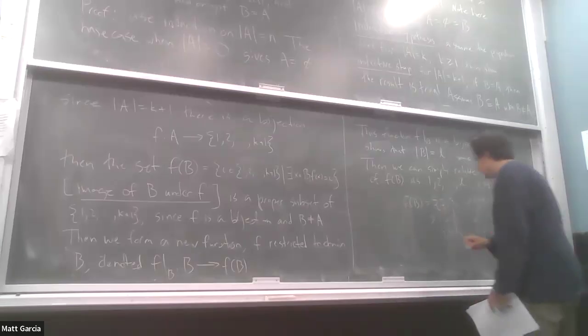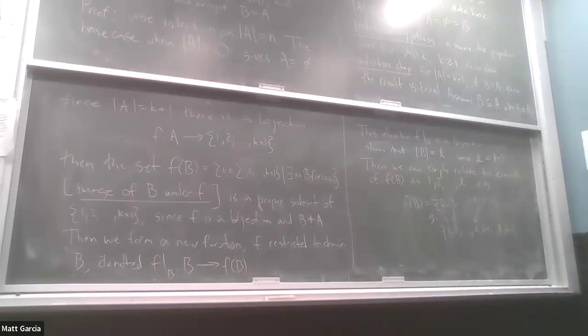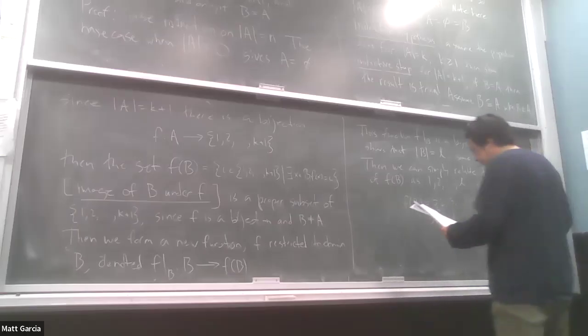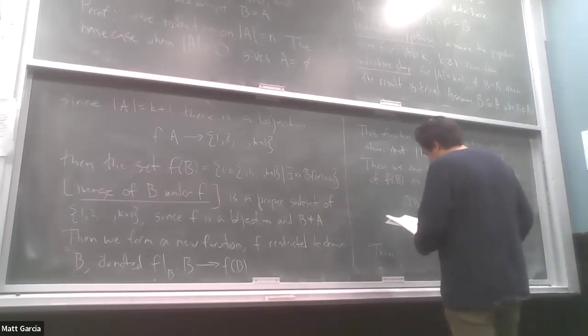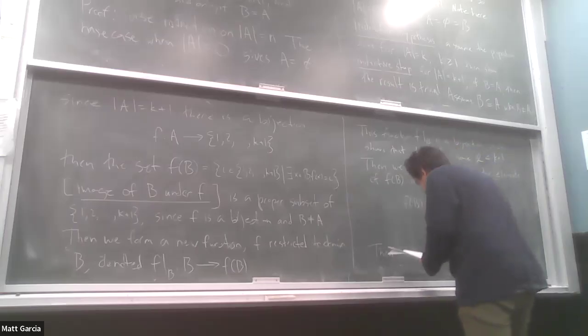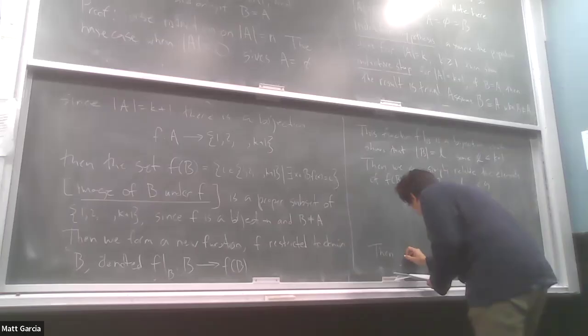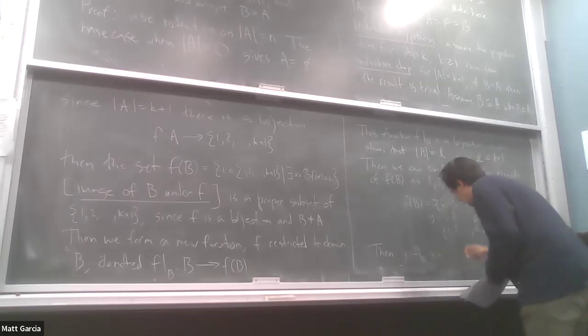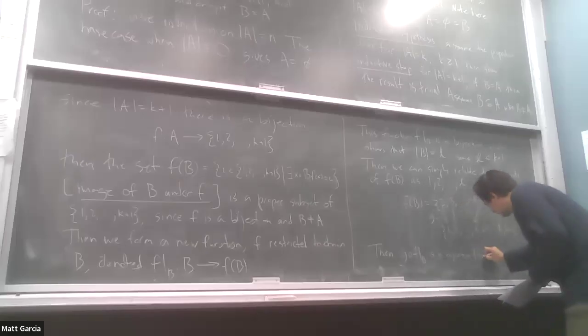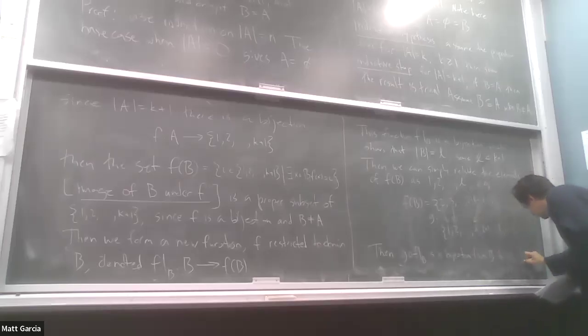We'll call this, say, G. Then what we have is G composed with F restricted to B is a bijection from B to the first L positive natural numbers.